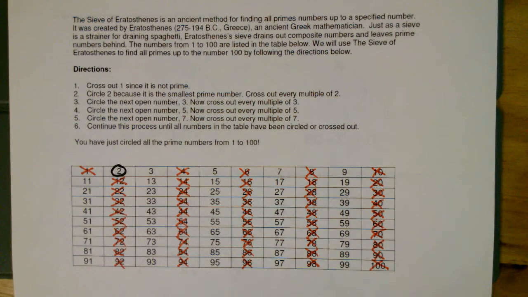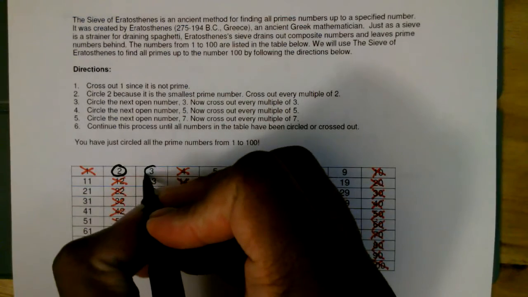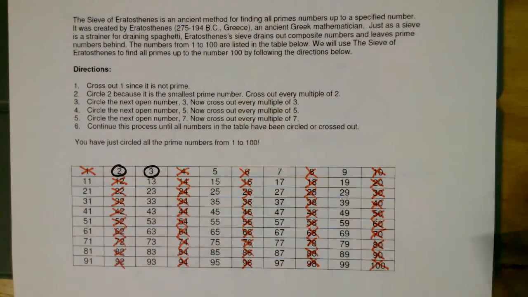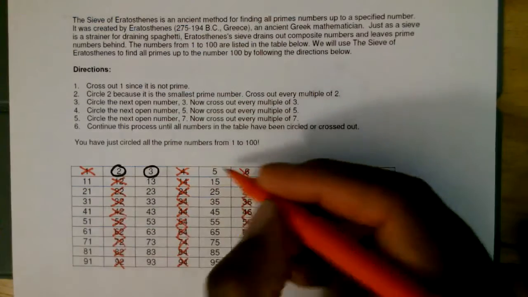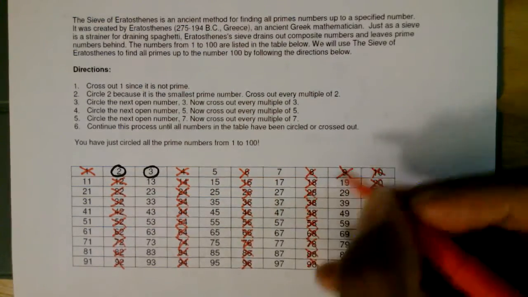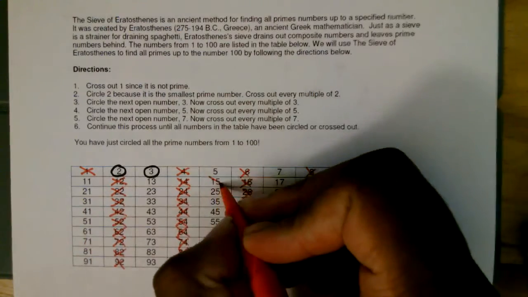And then the next open number will be 3. So here we're going to circle the 3. And I'm going to cross out every multiple of 3. Okay, so that means the 6 is already gone. 9 is a multiple of 3. We can cross that out. 12 is already gone. 15 is a multiple of 3.